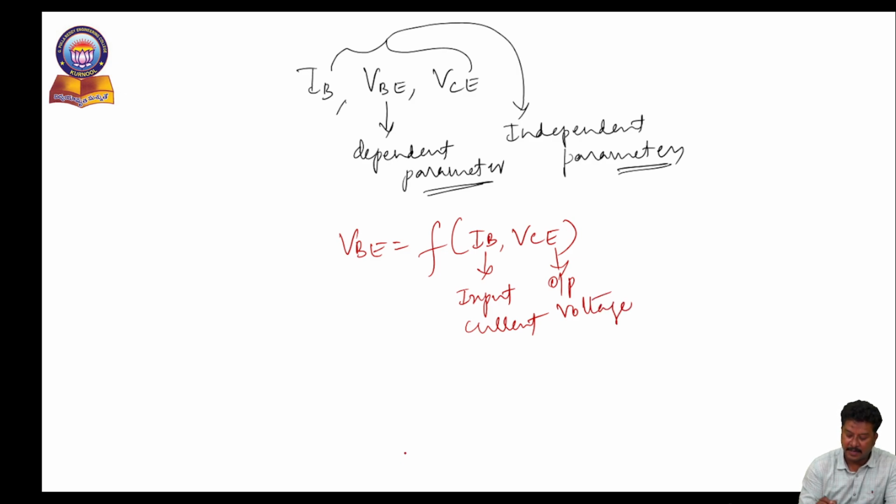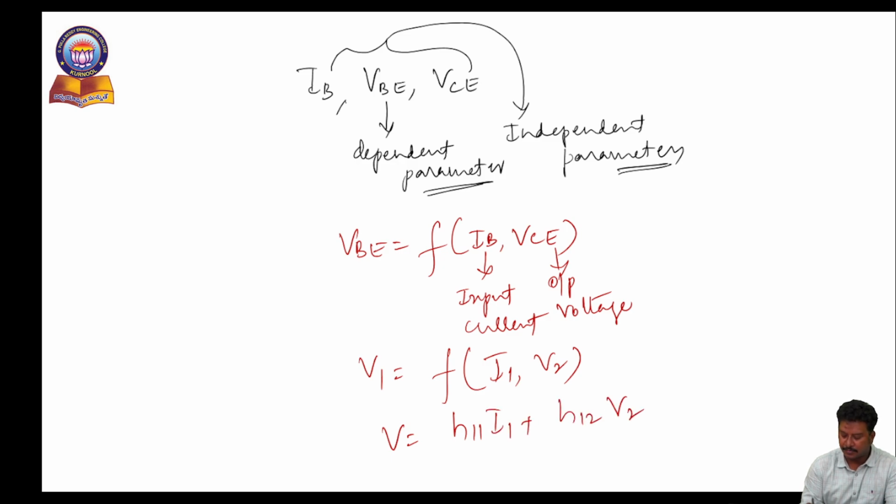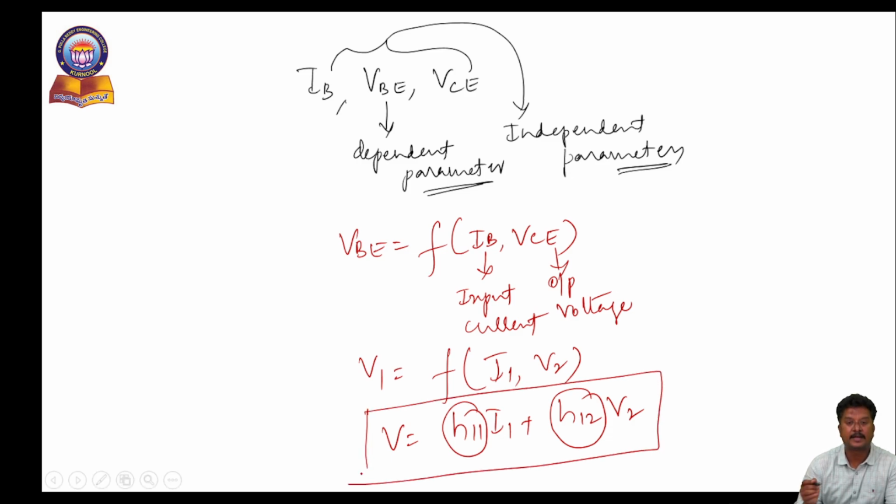So according to the two-port network, we can consider this as V1, this as I1, V2. From this, we can frame the equation that V1 is equal to H11 I1 plus H12 V2. We don't know about H11 and H12. That we have to define once we calculate the output characteristics, and we have to identify which one is dependent and which one is independent.